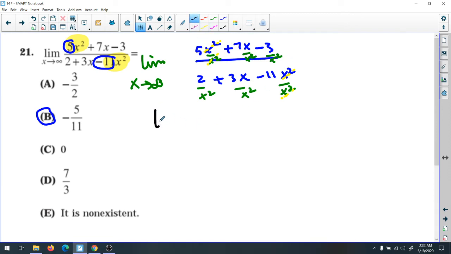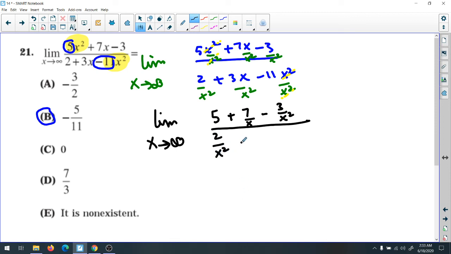It will be the limit as x approaches infinity of 5 plus 7 over x, minus 3 over x squared, over 2 over x squared plus 3 over x, minus 11.